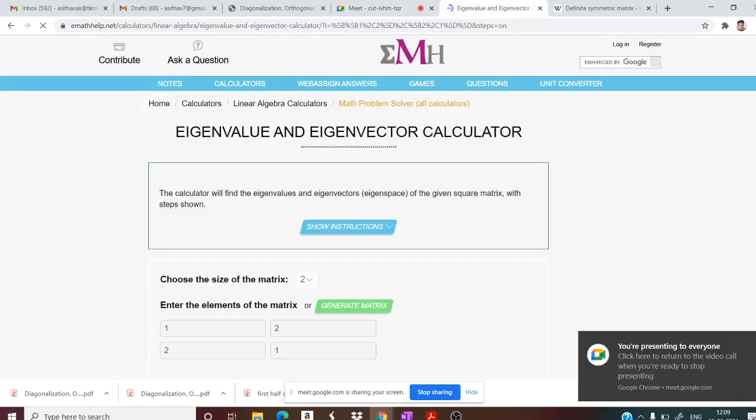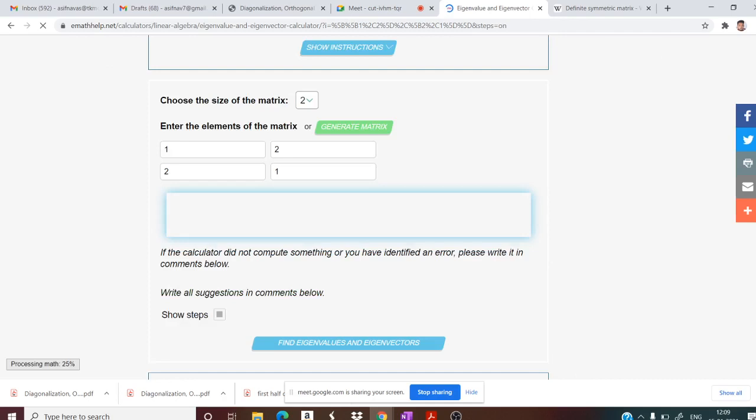So you note down that the matrix is 1, 2, 2, 1. Now we will find eigenvalues and eigenvectors.